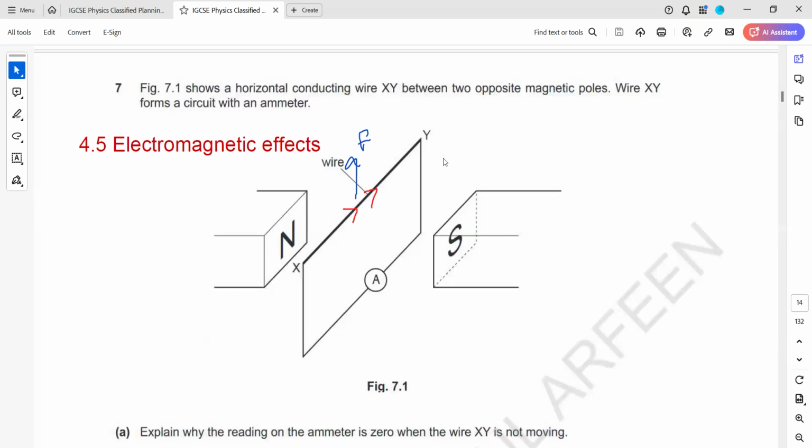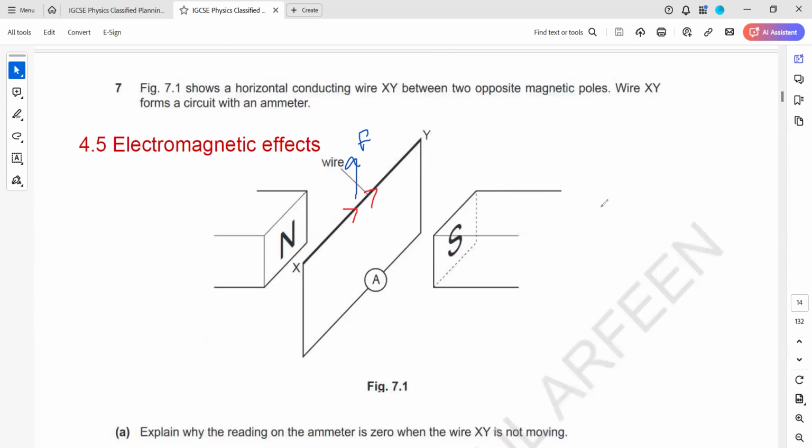We use the left hand rule to find the direction of the force if there is a supply, if there is a current. But actually what happened is this wire is being moved and the movement of the wire produces a current from X to Y. So the best way to identify whether to use right or left hand, if you don't see any supply, is right. If you see a supply, a power source, use the left hand.